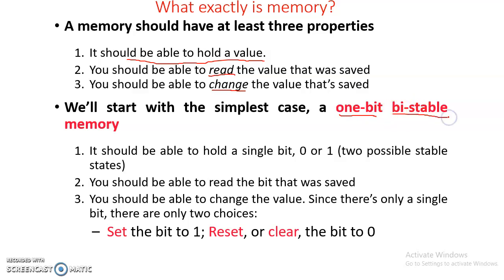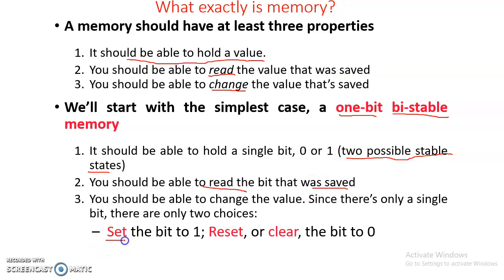What is bistable memory? It means it has two possible outputs, and both outputs are stable. So two possible stable outputs are present in any flip-flop. You can read the bit and you can save the bit in the flip-flop.